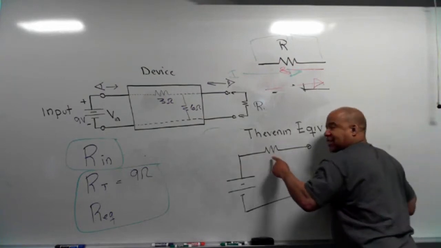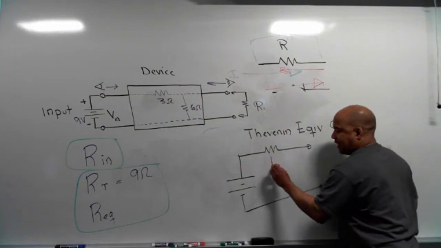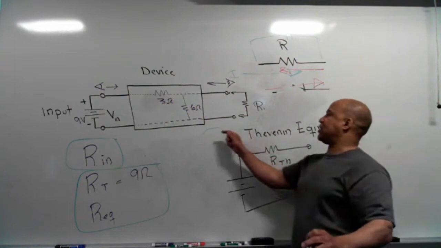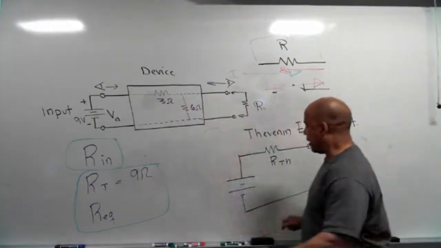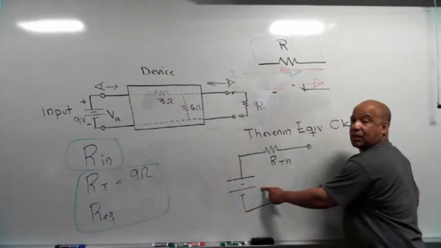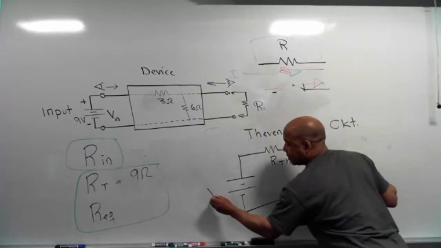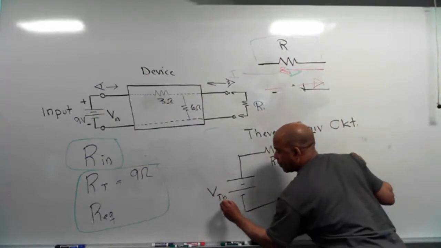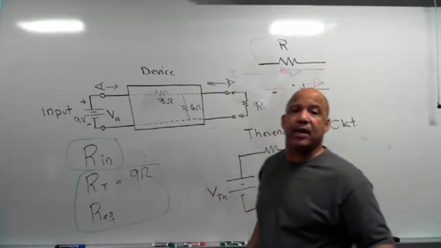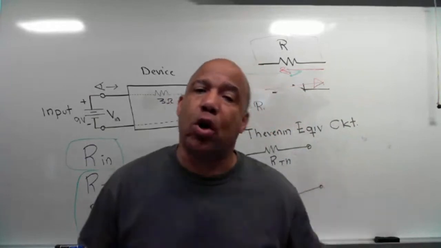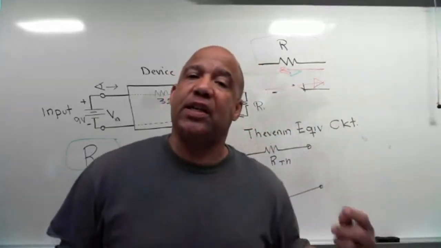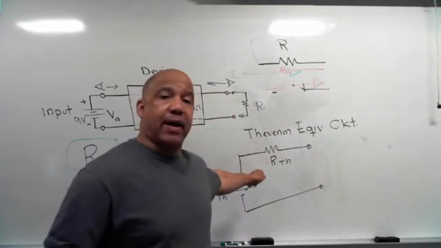The resistance there is called the Thevenin resistance, RTH. Remember, that's the resistance looking into the output of the circuit. And the voltage source here is called the Thevenin voltage, VTH. So any linear two-terminal bilateral DC network can be replaced by that.